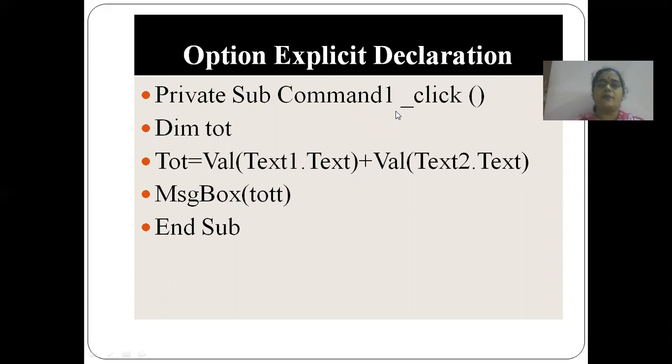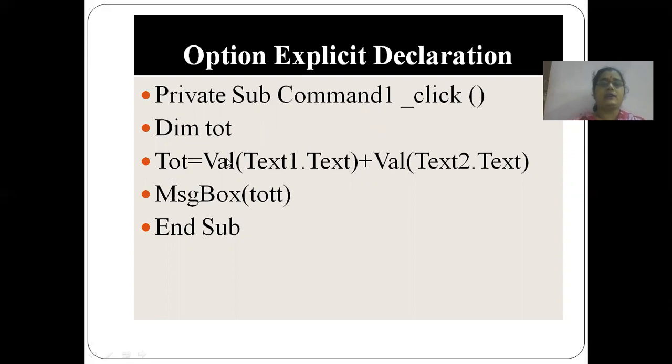I have used a procedure event as click. Means what is my requirement? My requirement is that I want to display the result once I click on the total button. So here I am declaring Dim tot.